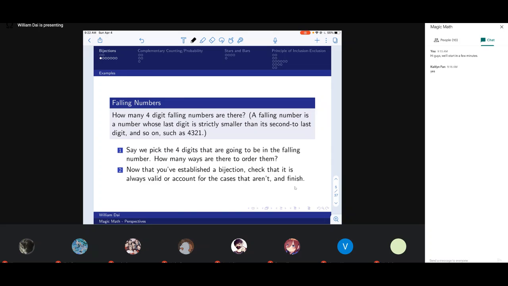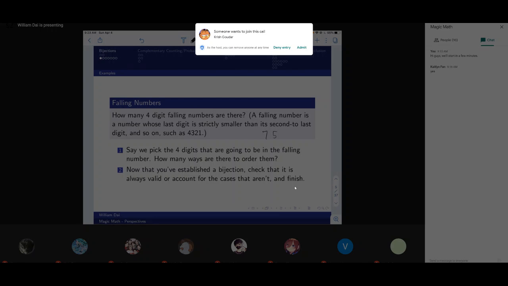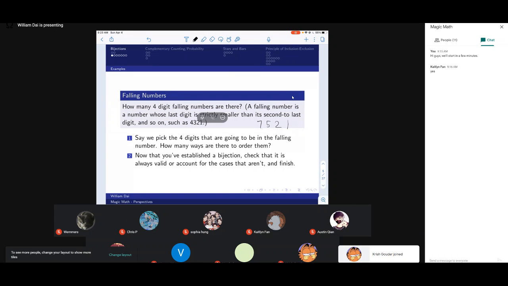Okay, so our first step here is, say we choose the four digits that we know are going to be in the following number, like 7, 5, 2, 1. Now how many ways are there to arrange them into a following number? It's obviously one, right? You have to order them from greatest to least, so it's going to be one way.